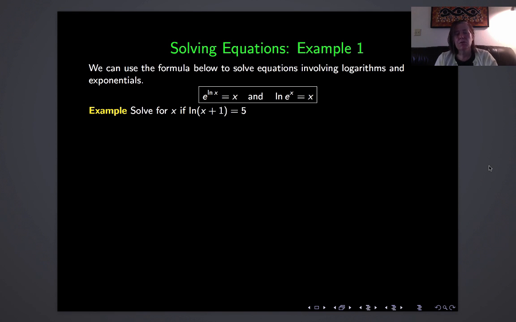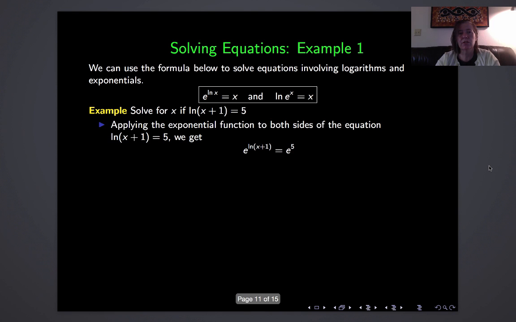Here's an example. Suppose I want to solve for x if the natural log of x plus 1 is 5. So I want to get past that logarithm function and solve for x, and I use the exponential to do that. So I take e to the power of both sides, or apply the exponential function to both sides, and I get e to the power of the natural log of x plus 1 is e to the 5.